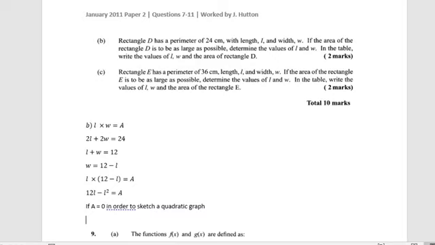Therefore the graph of A versus L, which is the area versus the length, is a quadratic with a maximum point which cuts the horizontal axis at 0 and 12. So those are the 2 points, and it is more precisely described as a parabola.